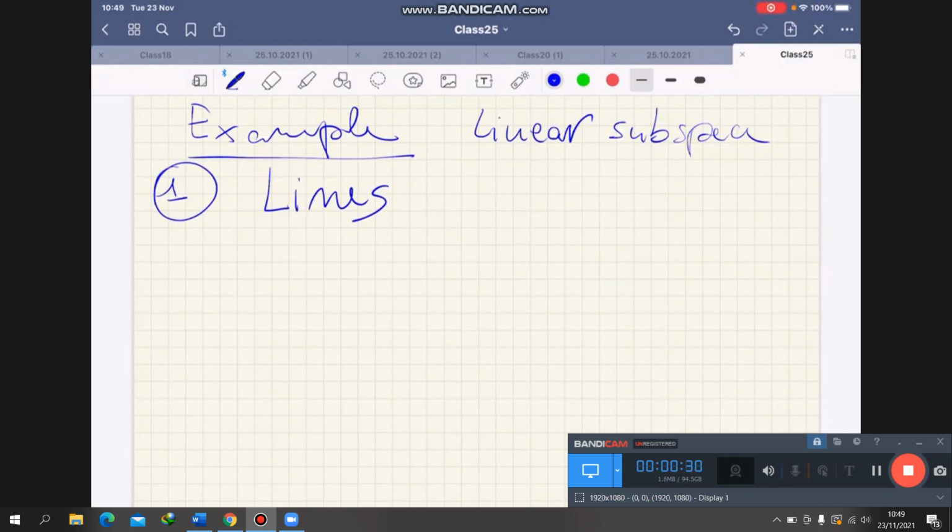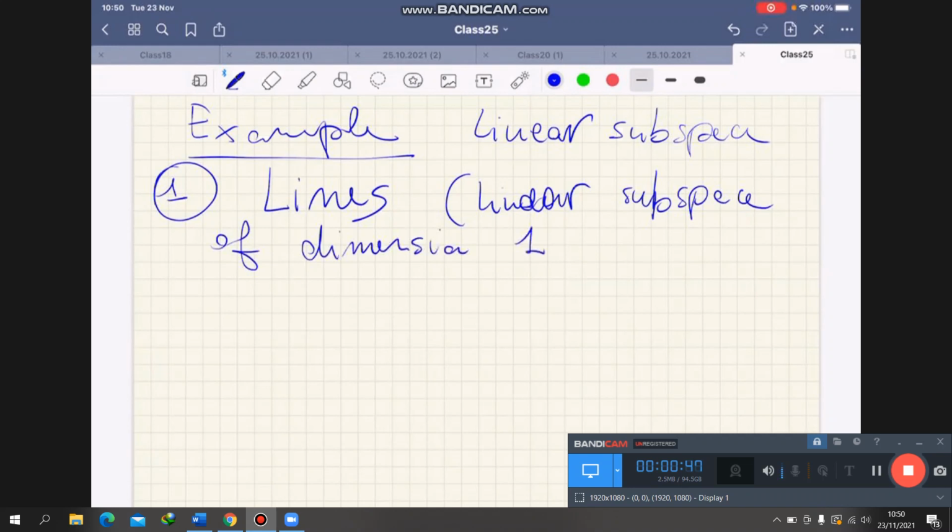A line is any linear subspace of dimension 1.